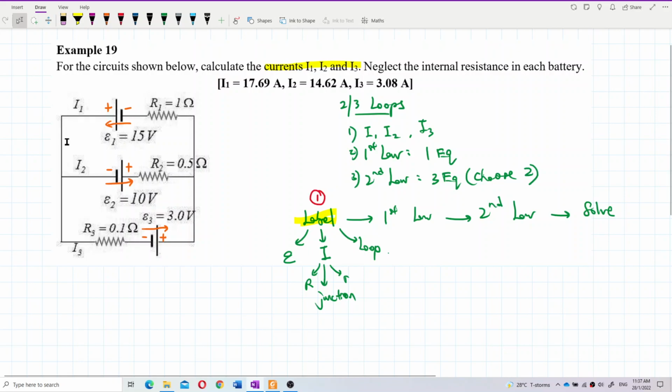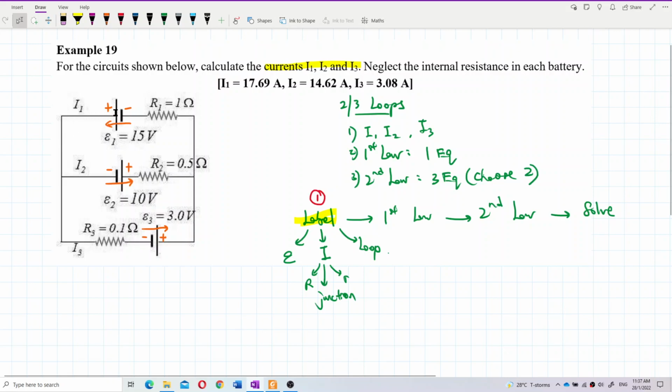If you draw the current direction wrongly, never mind, because later the answer will have a negative value, showing that the current is actually in the opposite direction. Your final answer will reveal the actual current direction, so don't worry, but we normally say that current always flows from positive to negative.